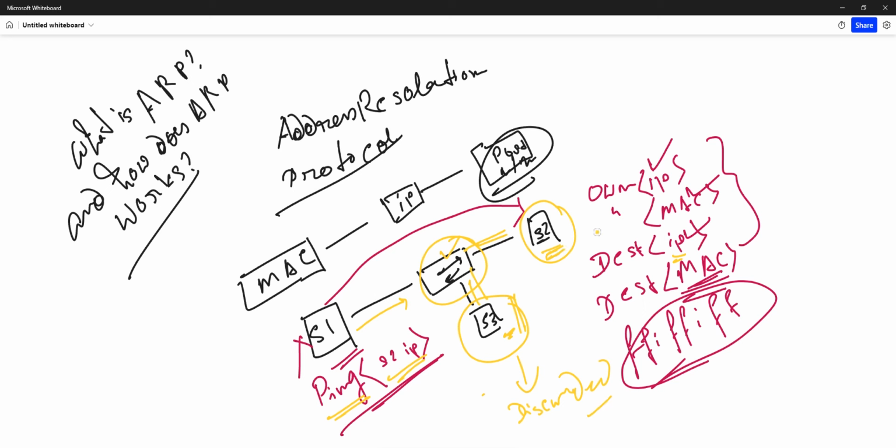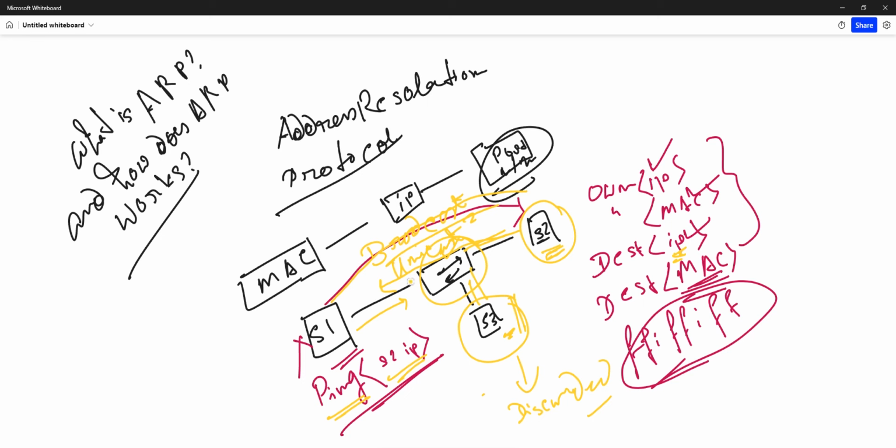But S2 says, oh, it is my IP address, and my MAC address is, for example, AABBCC. Again, S2 replies with this information to S1. During that time, this is a unicast.